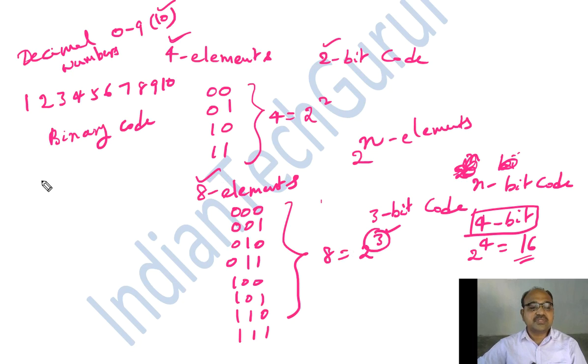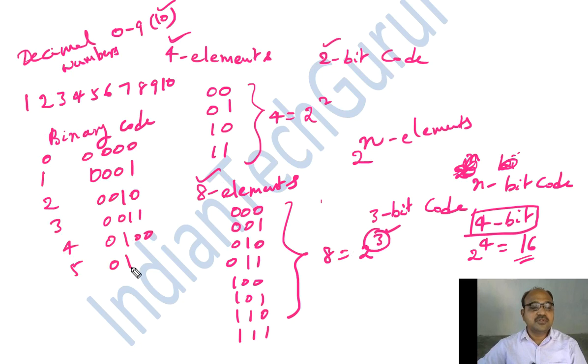For example, to represent 1, 1 is represented using 0 0 0 1, 2 is 0 0 1 0, 3 is 0 0 1 1, 4 is 0 1 0 0, 5 is 0 1 0 1.